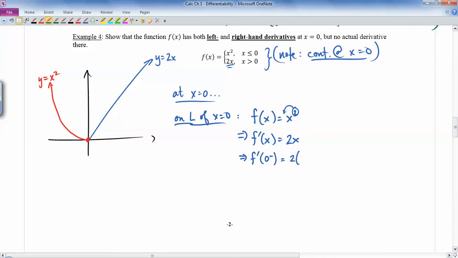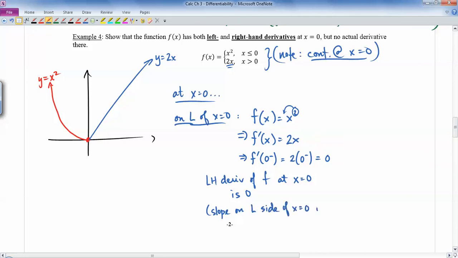That's 2 times 0, which is 0. So the left-hand derivative of f at x equals 0 is 0, which means the slope on the left side of x equals 0 is 0. You can kind of see it right there: if I just look at the red side, the slope gets really close to 0. It turns flat just for a moment.